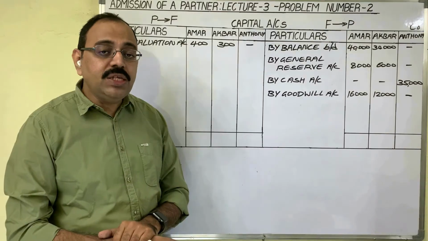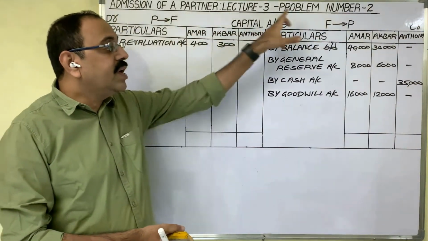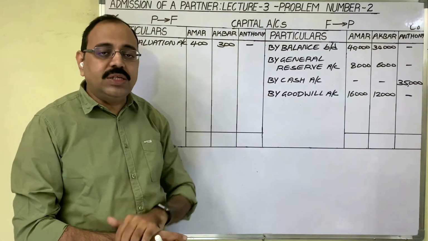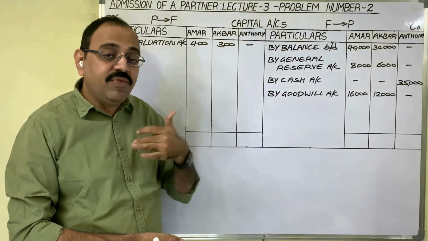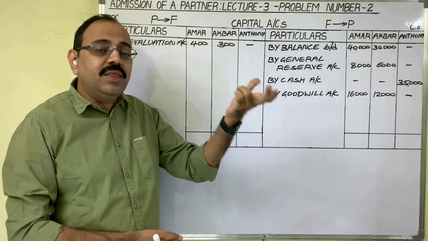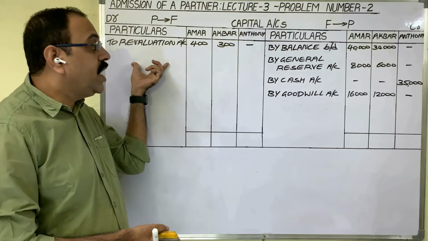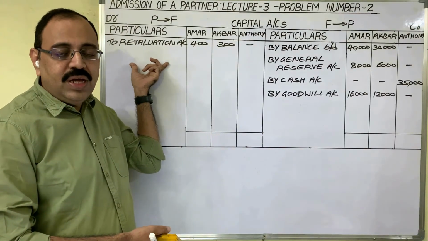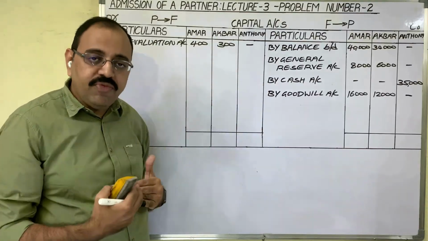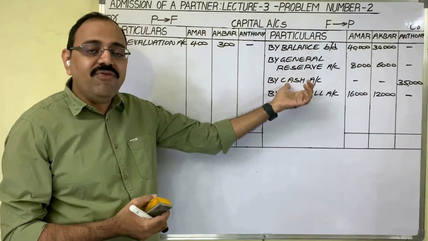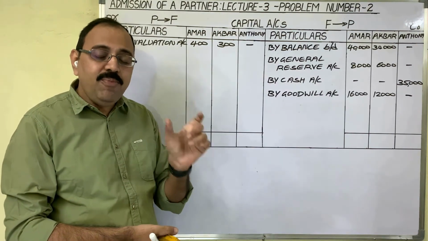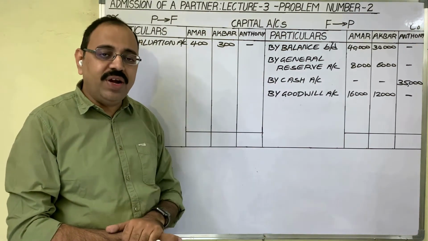Personal account rule is debit the receiver, credit the giver. Means, if a partner is receiving any benefit from the firm, then that transaction we have to write on the debit side of capital account. If a partner is giving any benefit to the firm, that transaction we have to write on the credit side of capital account.